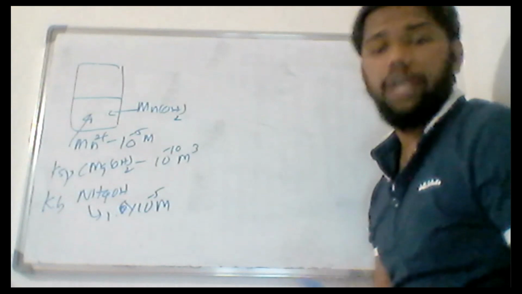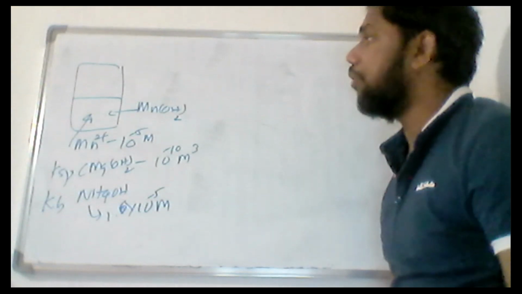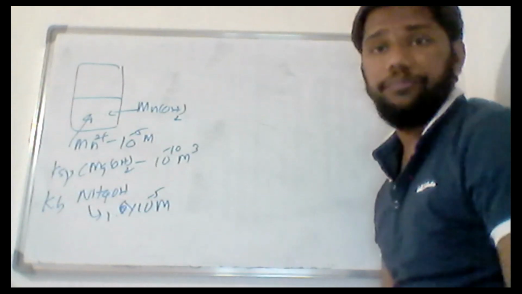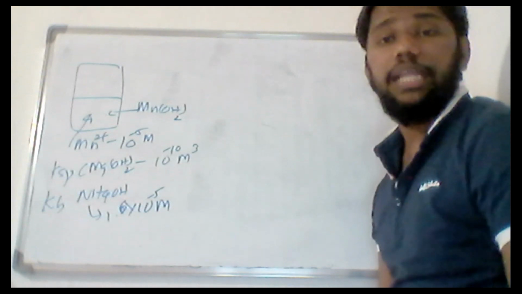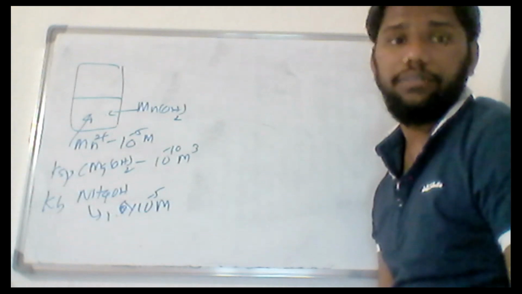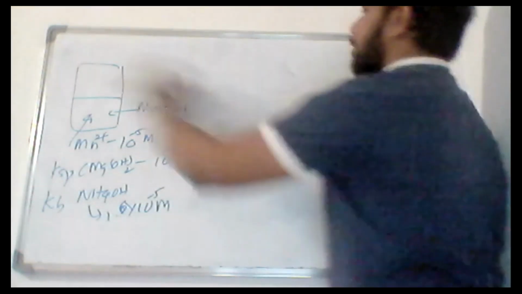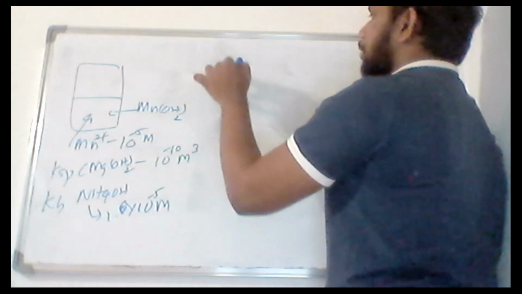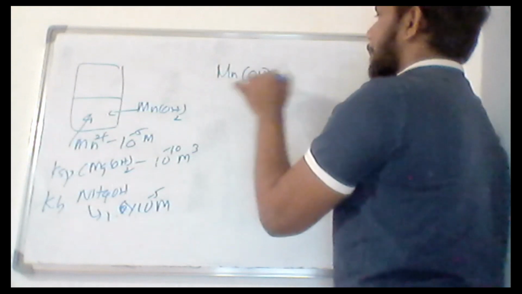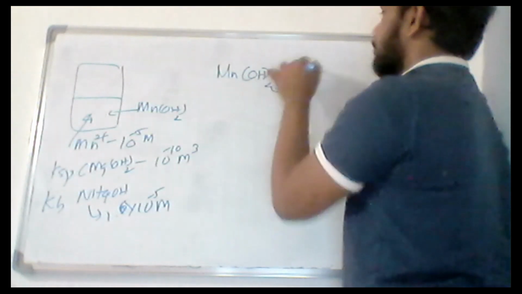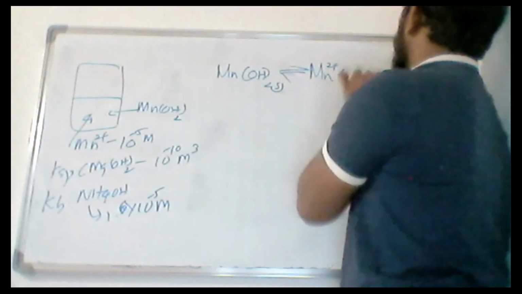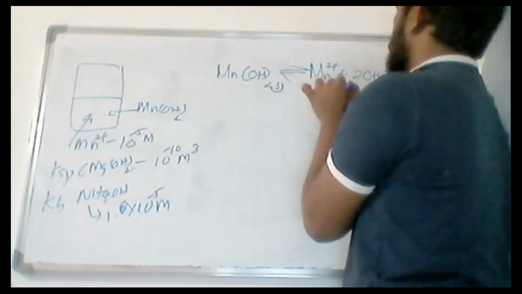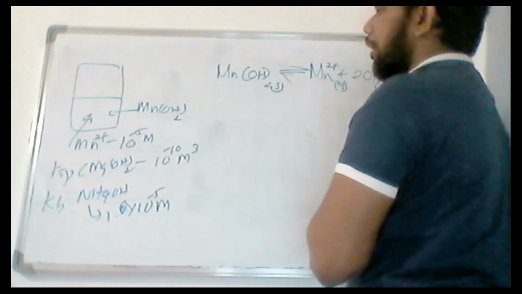Okay, so what you have to do here, if you want to calculate the Mn(OH)2 solubility product, you have given the Mn2+ concentration as well. So the idea is, in a saturated solution, you will have this equilibrium: Mn(OH)2 dissociating into Mn2+ and 2OH- aqueous.